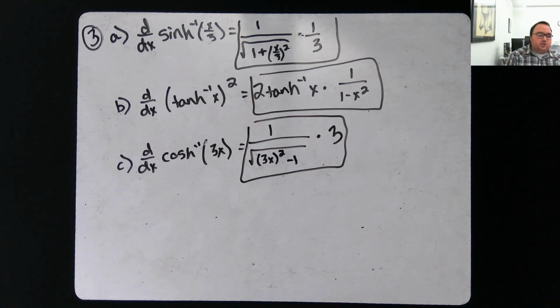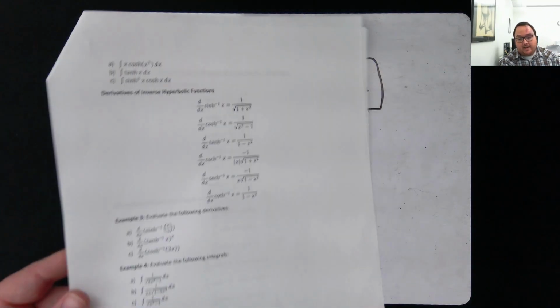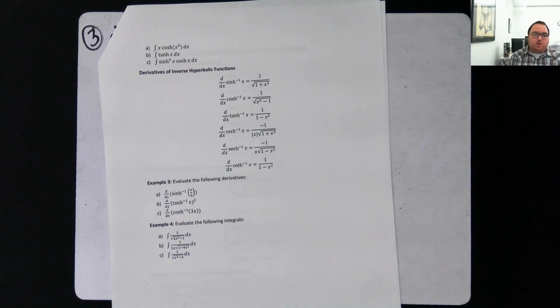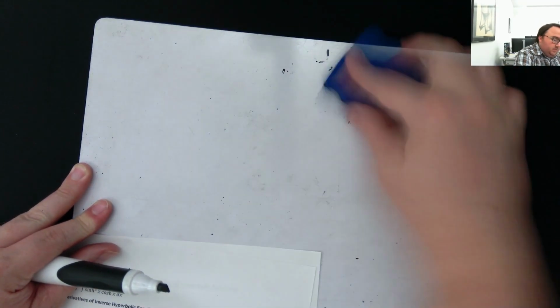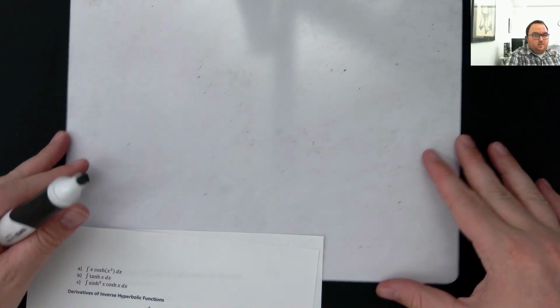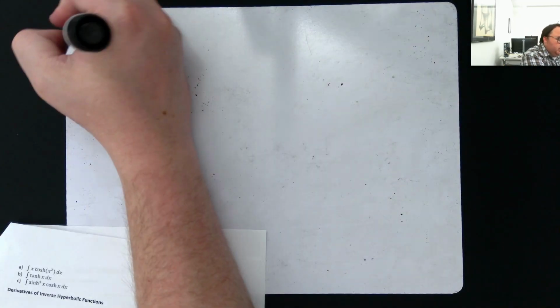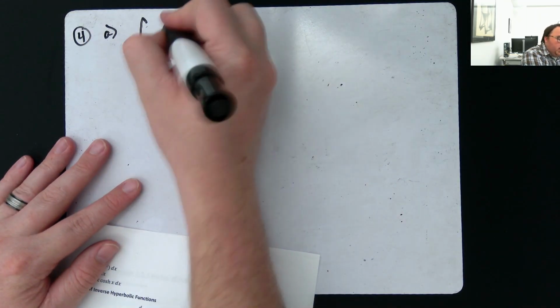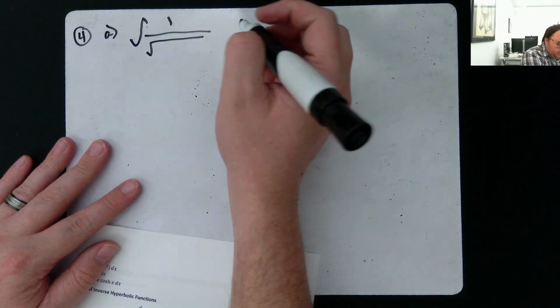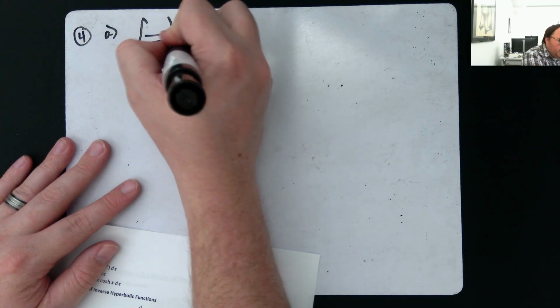Now let's also use these rules to take the antiderivatives. So example number 4 asks us to do just that. 4a is the integral of 1 over the square root of 4x squared minus 1 dx.